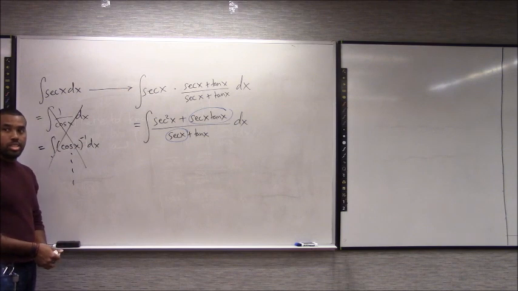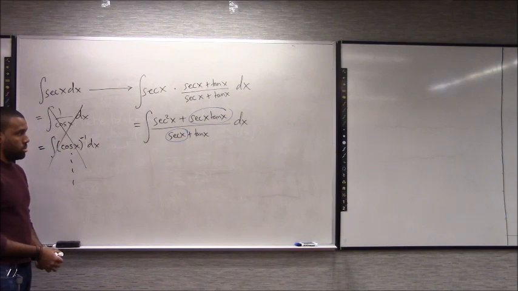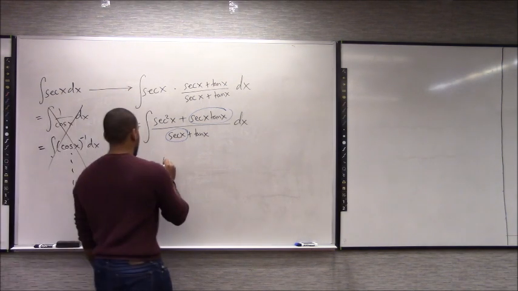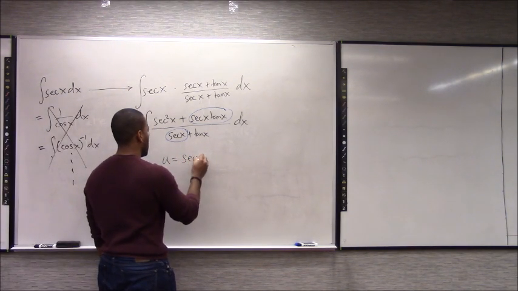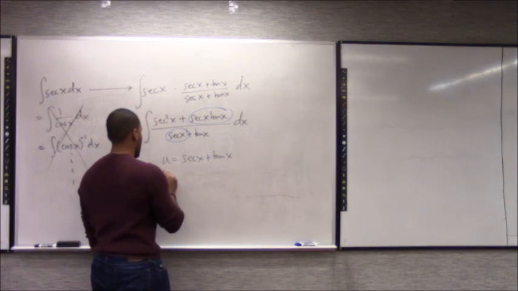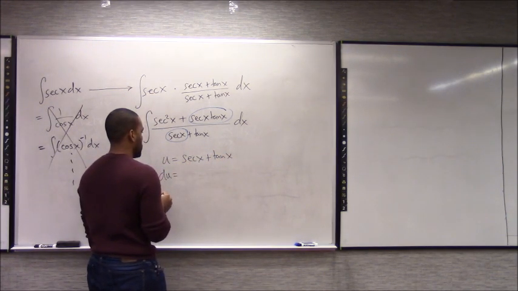Could you substitute secant x plus tan x, make that u? Want to substitute the denominator? Okay. What is the derivative of secant x?